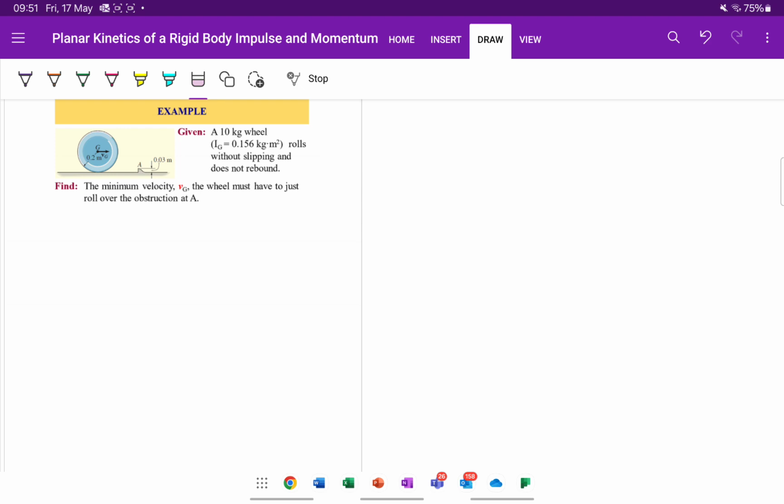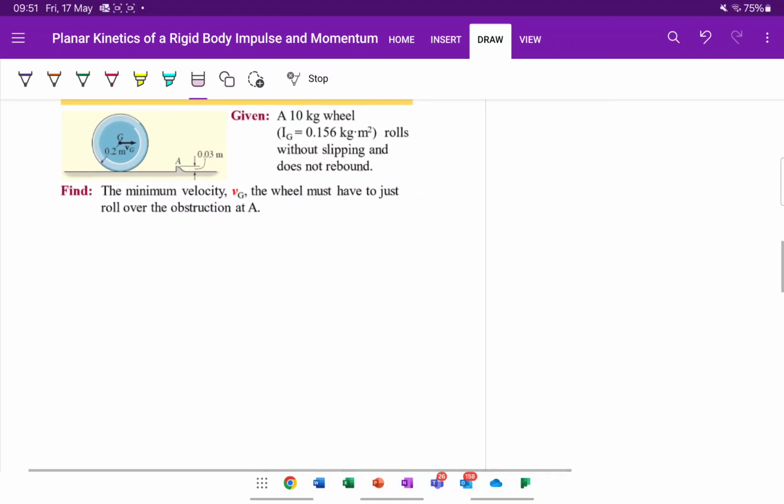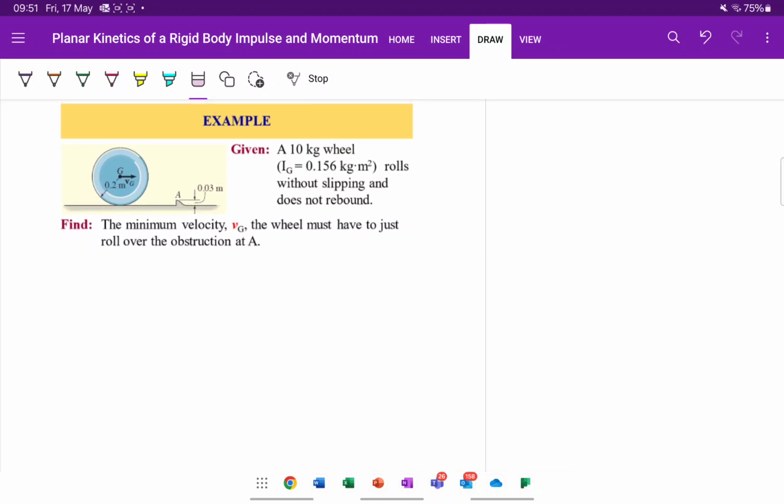And this is nicely captured in this example where we've got a 10 kilogram wheel. We're told the inertia. We could have calculated it if we'd known the radius of gyration, but we've been given it, which is nice. It rolls without slipping, so we know that there's no losses there.